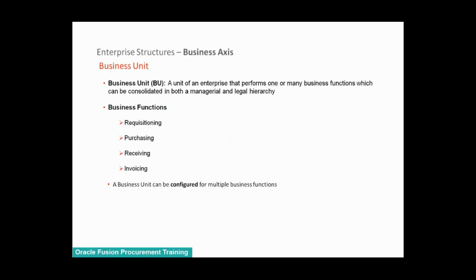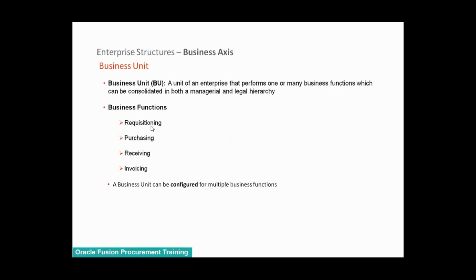The purpose is nothing but the business functions. A business unit can be configured for all these business functions, either one of them or a combination of them. So the business unit purpose can be selected based on the business functions while creating the business unit.